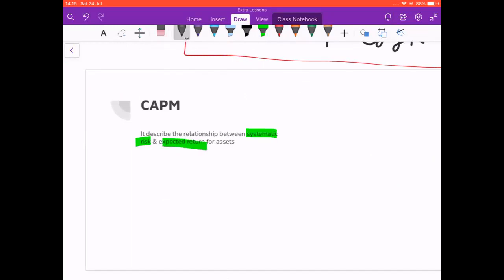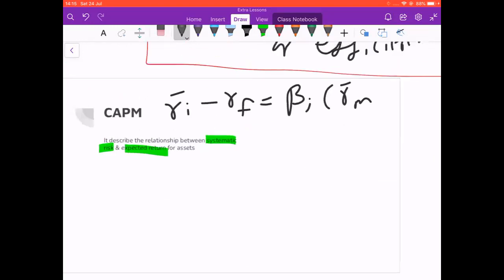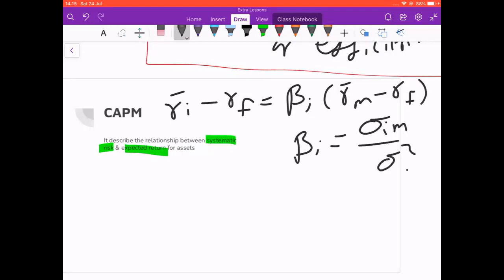This formula is simply CAPM. If they say CAPM, just know that they refer to this formula. This one is beta, the market excess return, where beta is the covariance of asset i and the market over the variance of the market.